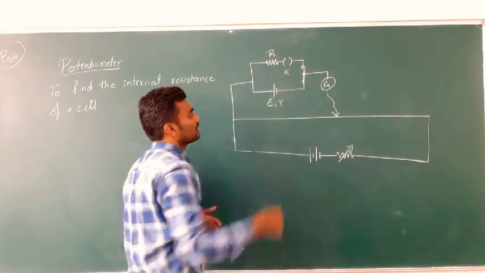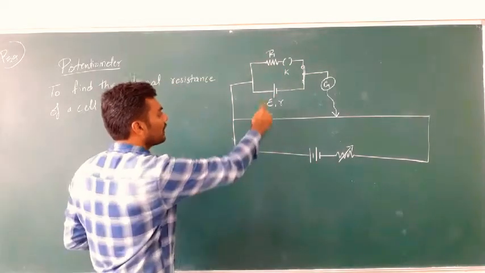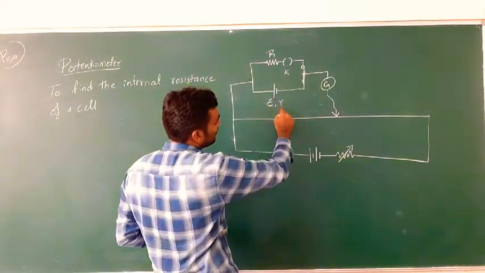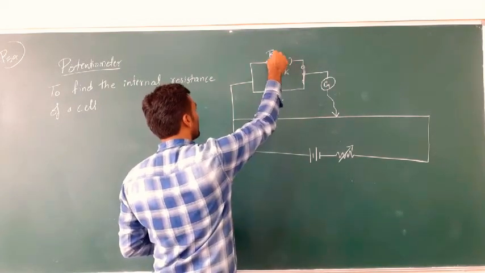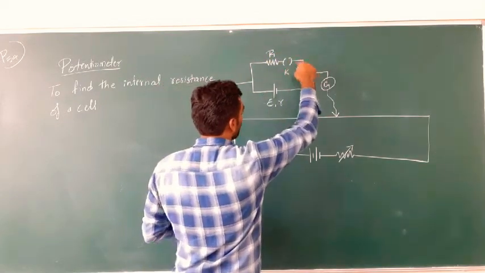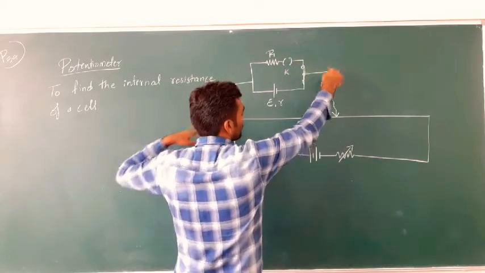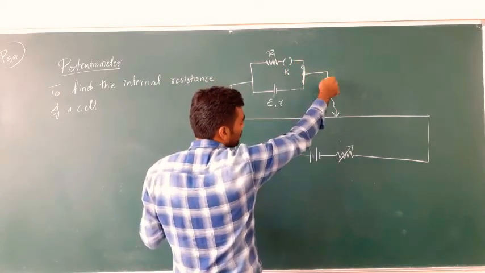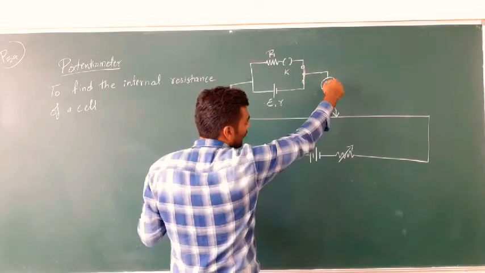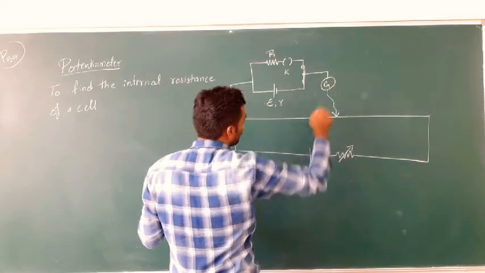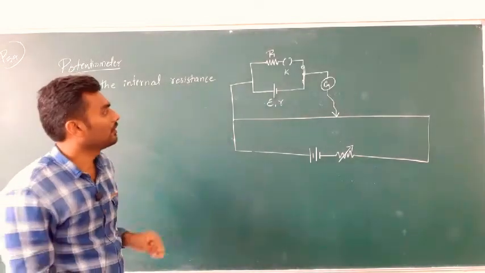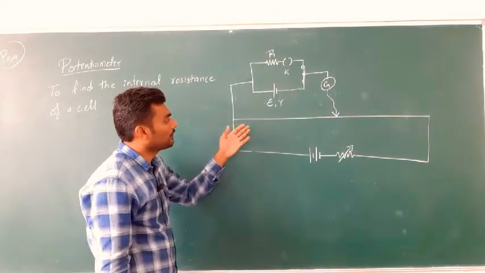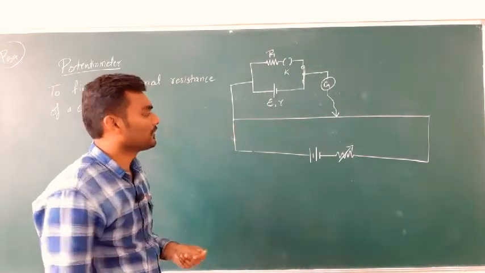This is the complete circuit: a cell of EMF E and internal resistance r in parallel with an external resistance R with a key, all connected in parallel with the galvanometer in series, and the other end of the galvanometer connected to the jack key. This is the circuit to find the internal resistance of the given cell.